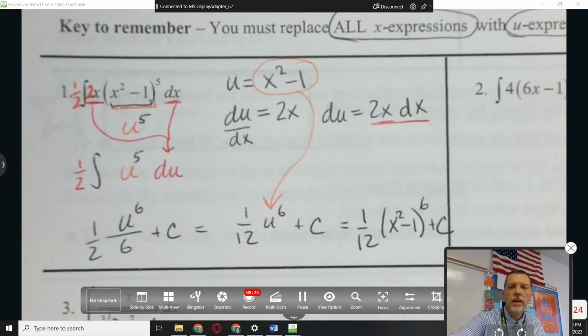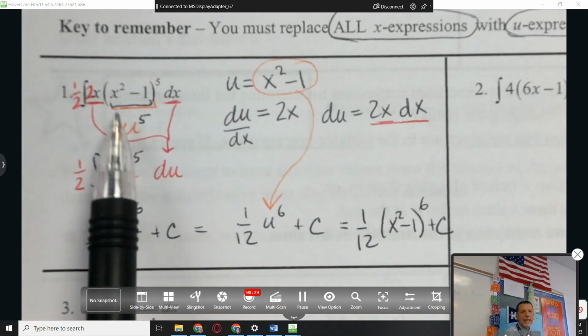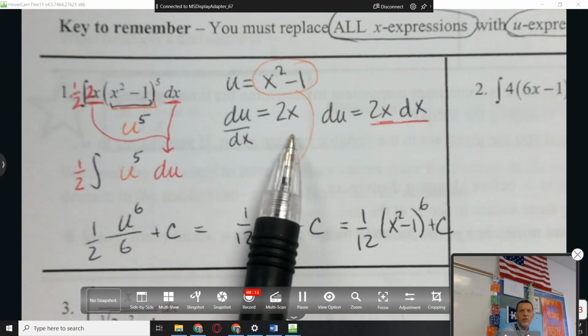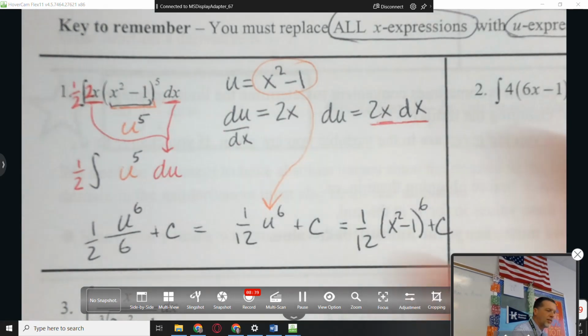So with u substitution, we changed a really complicated integral into a much easier integral. And that's how it's supposed to work. You're supposed to start with something really ugly and then land at something that's okay, or at least better.